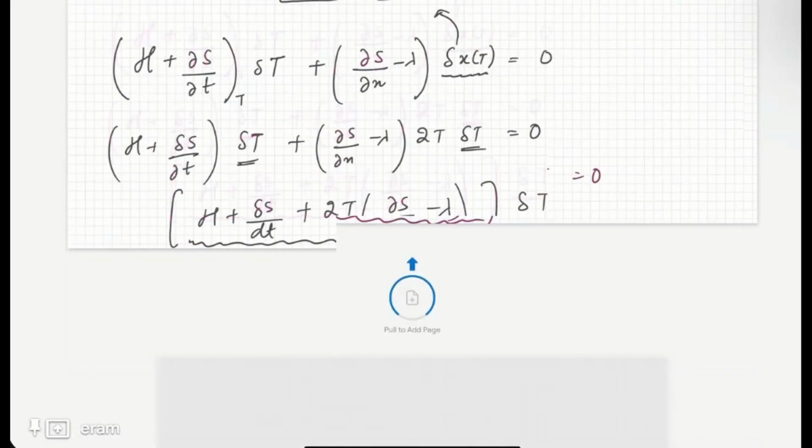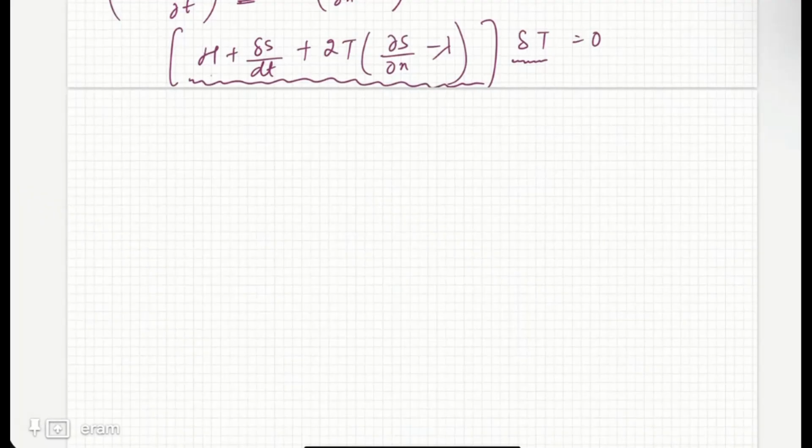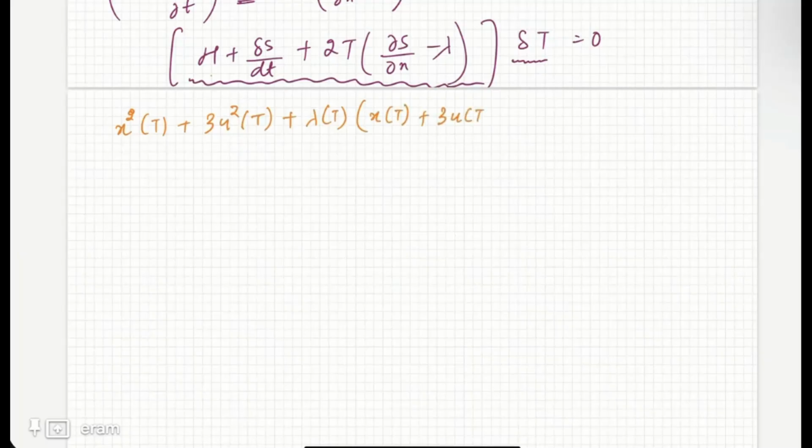So this whole expression should be equal to 0. Now we can evaluate it. H for our case is x square t plus 3u square t plus lambda t times x of t u of t. So this is H. Now del S by del t is 0, and then we have 2t. Del S by del x is 2xt, and then minus lambda t. This is our terminal condition.